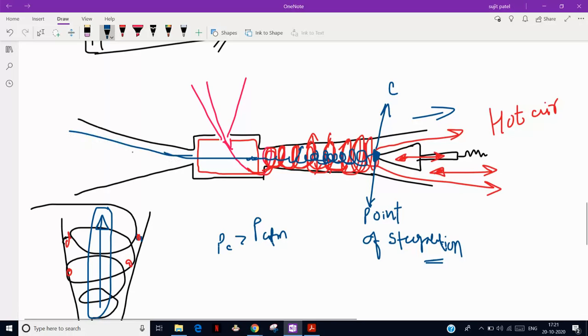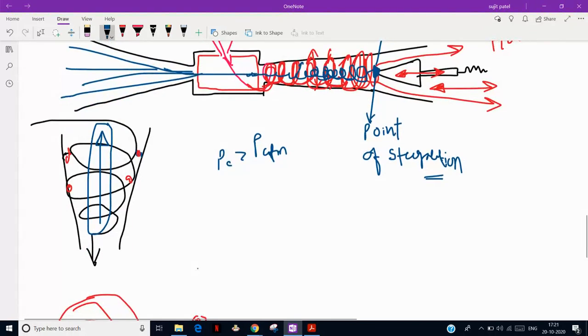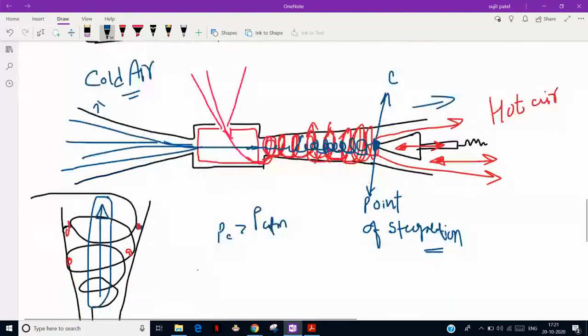So at this point we will get the cold air. This is the working principle. The air is coming from the nozzle. Hope you guys are clear on this.